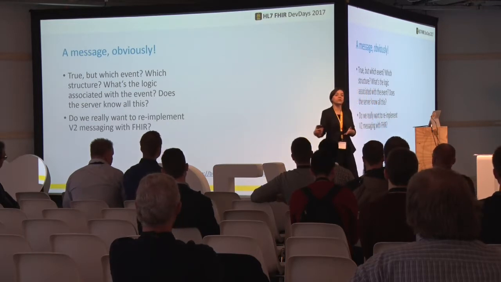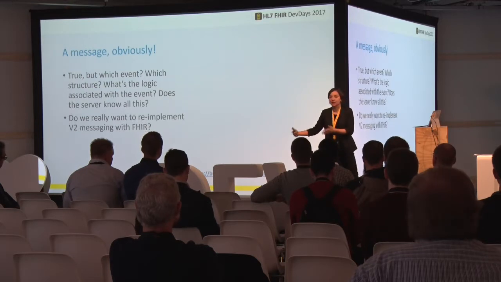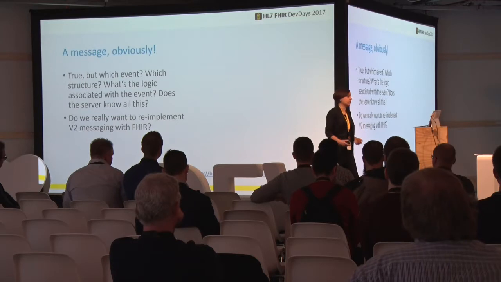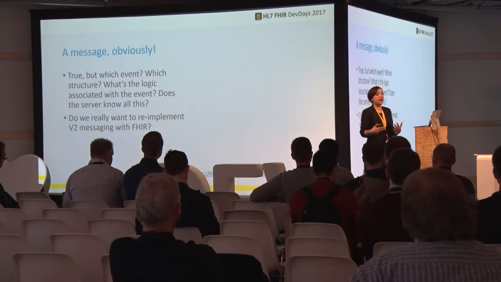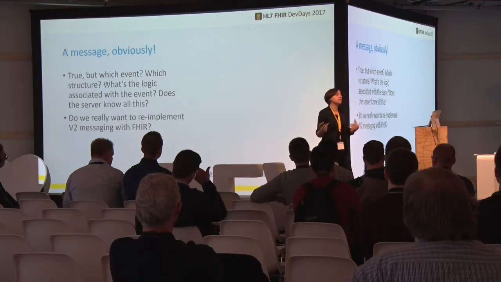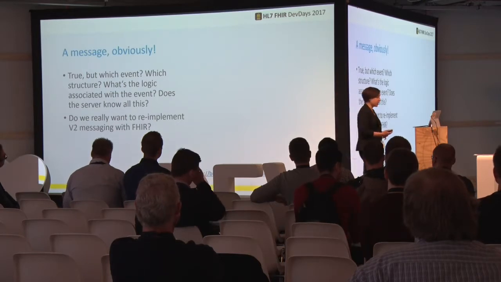So which resources go in there and what cardinality, what order, what other reference resources need to be included, and all that kind of stuff. That's what we have this message definition framework for, to define these events and the associated messages.